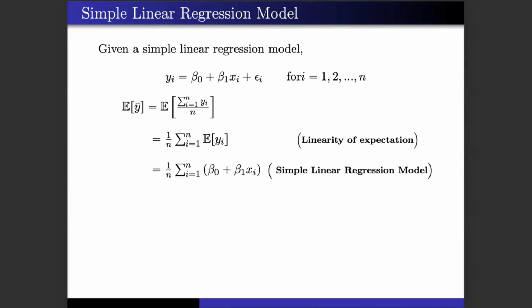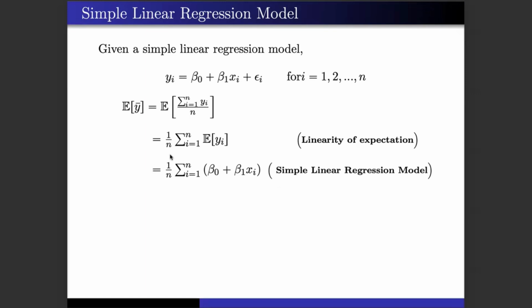Now, we use the simple linear regression model and can write this expectation of yi equals beta naught plus beta 1 xi. We have this as a consequence of the assumption on the error term that expectation of epsilon i equals 0.